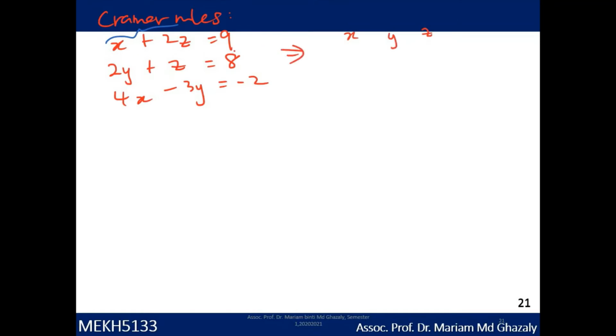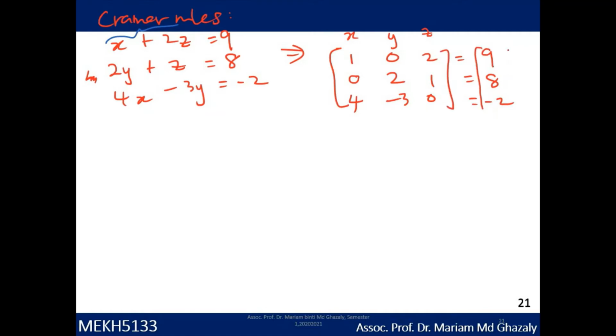For the first equation, you have x is 1, y is 0, z is 2, and the output is 9. Second equation: x is 0, y is 2, and z is 1, equivalent to 8. Third equation: x is 4, y is minus 3, and z is 0, equivalent to minus 2. This is how you write it for the first step of Cramer's rule.